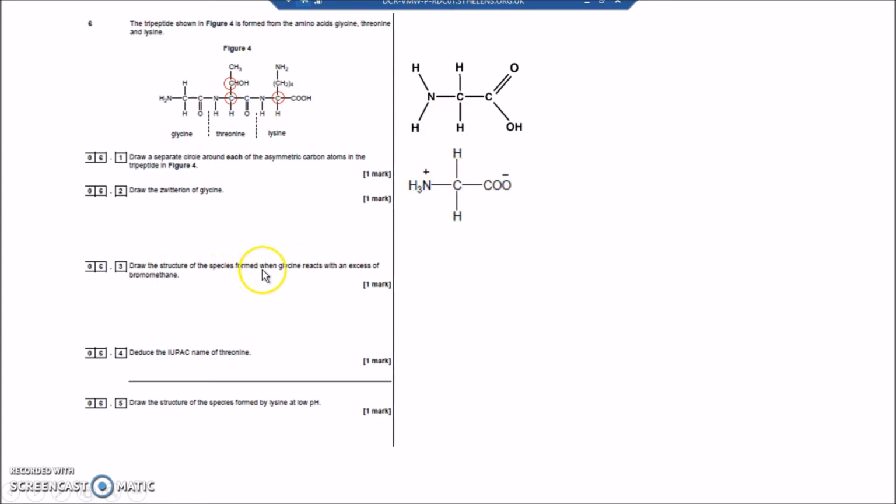Draw the structure of the species formed when glycine reacts with an excess of bromoethane. Tough that. What it is, it's forming a quaternary ammonium salt in 4 different addition elimination reactions. So there's a lone pair of electrons on that N, which would attack the C. So if you've got bromoethane, you've got CH3, CH2, Br. Well, that lone pair of electrons attacks the C on the CH2 part, and the Br comes off.